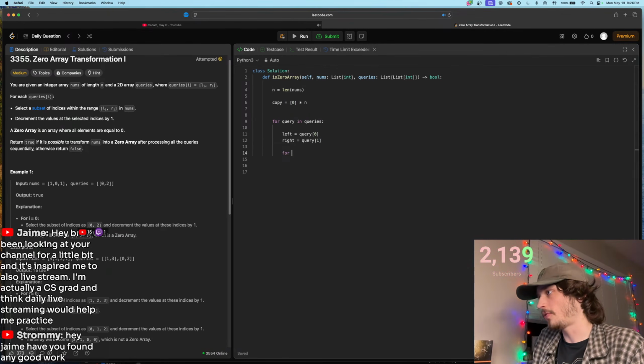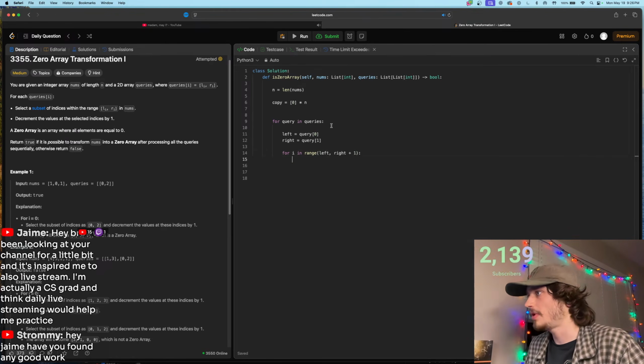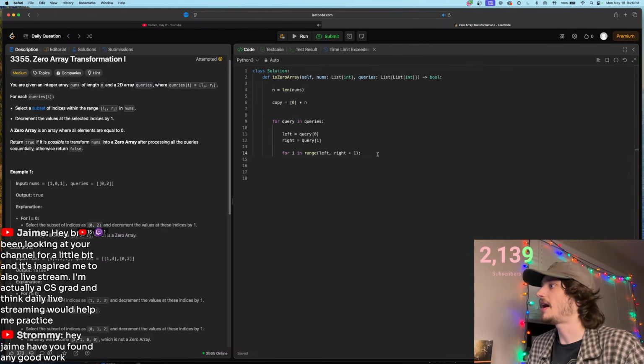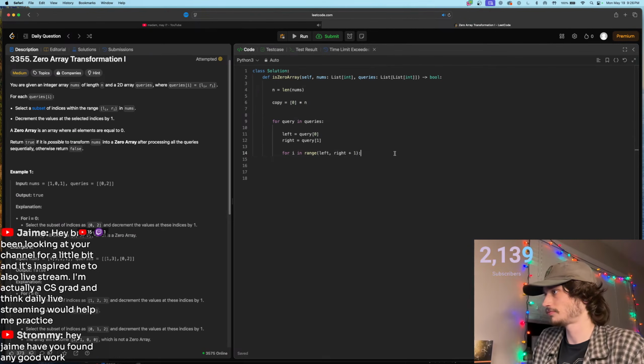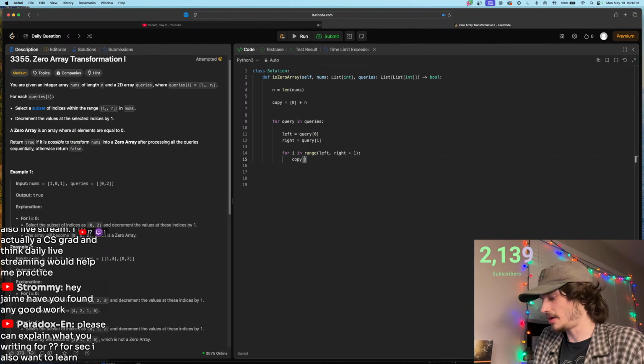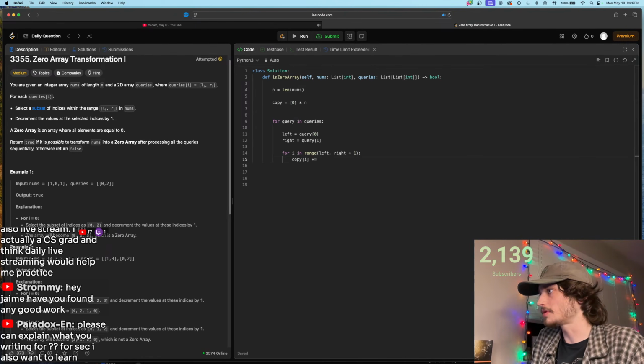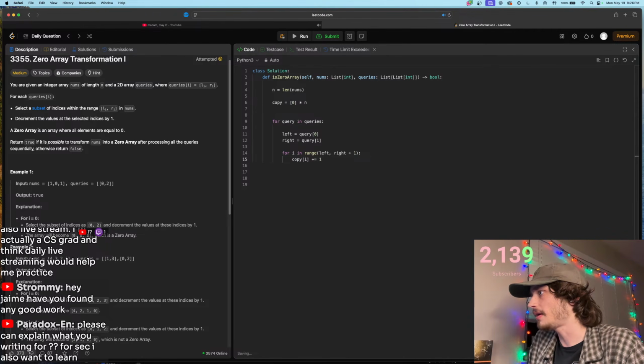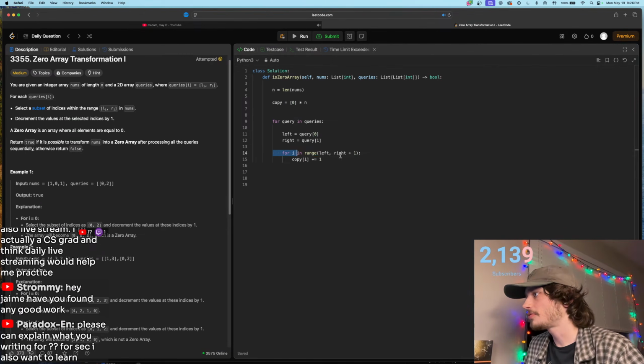And we say for i in range of left to right plus 1, I'm going to go into my copy array at index i and increase that value by 1. So we're going to do copy[i] plus equals 1. That's going to cycle through the query and increase proportionally there.